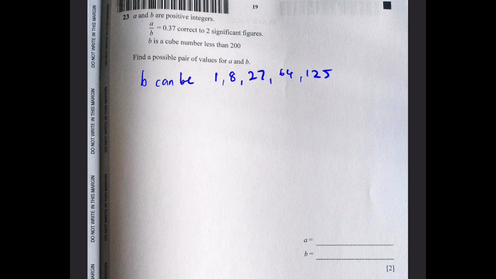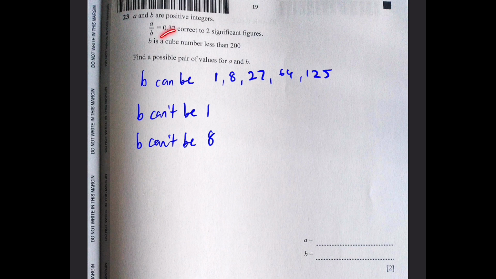So if A is an integer, that means B cannot be 1, because A by 1 is A, and A cannot be 0.37 as A is a positive integer. So therefore, B can't be 1. And B also can't be 8, as A by B would be A by 8.